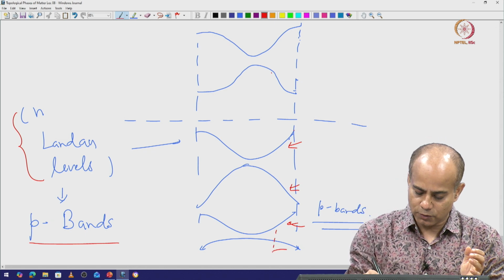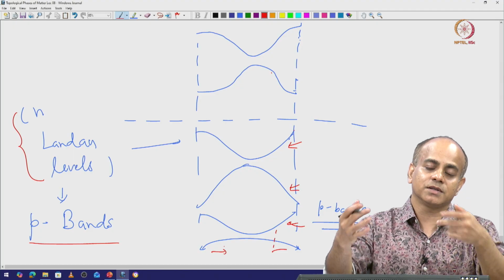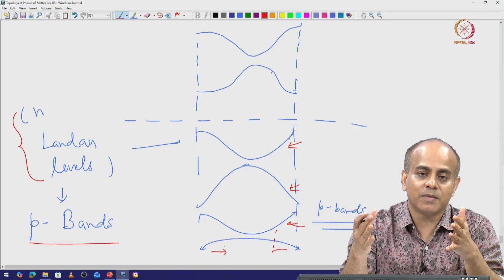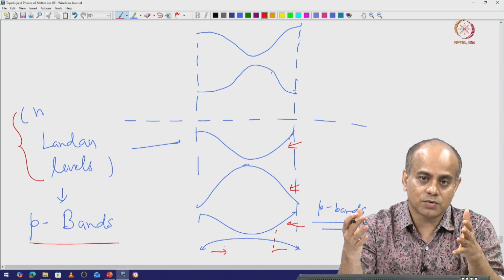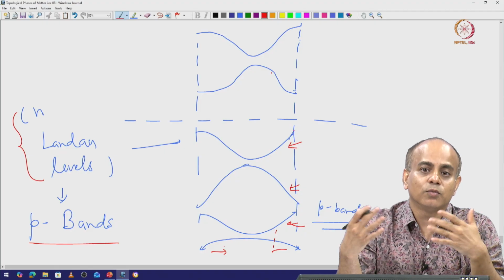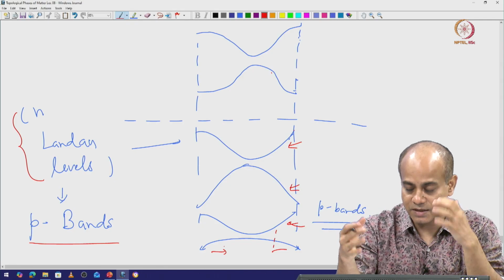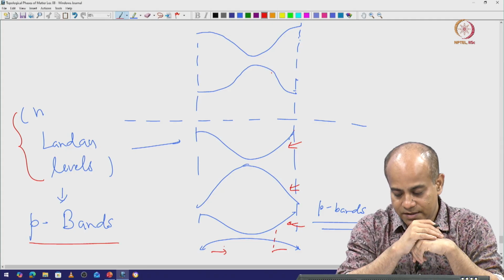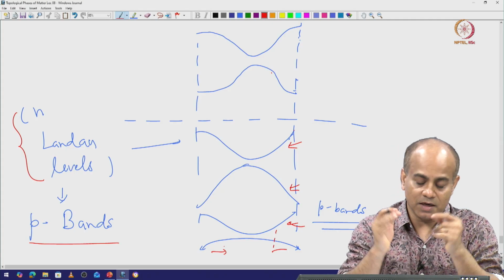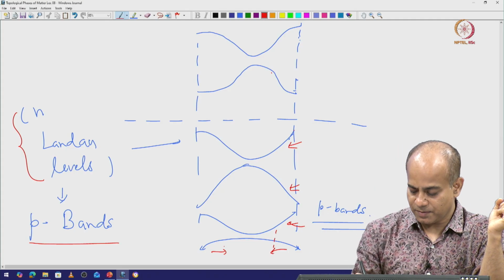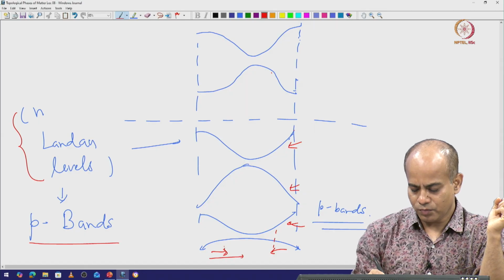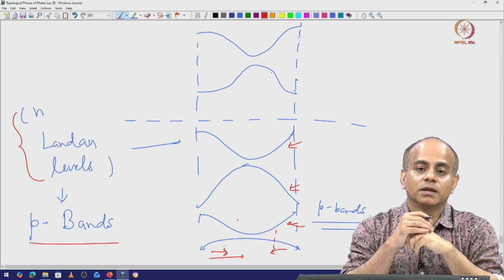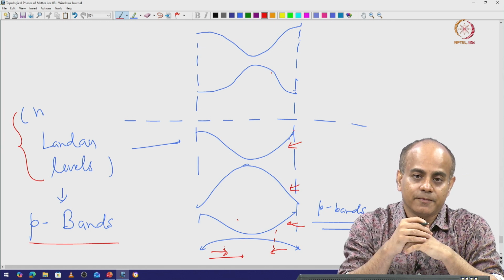These bands will again fold after you increase the unit cell by one more, to include one more flux, right. As you increase one more flux, you increase the unit cell and you reduce the Brillouin zone. Once you reduce the Brillouin zone, more bands will be folded back.